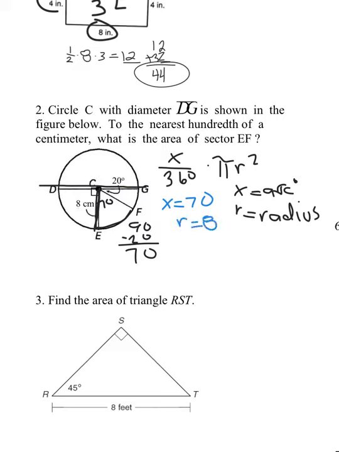So then you just plug in the formula, 70 over 360 times pi times 8 squared. Put that into your calculator, and you should get to the hundredths place, 39.10. And that is centimeters squared.